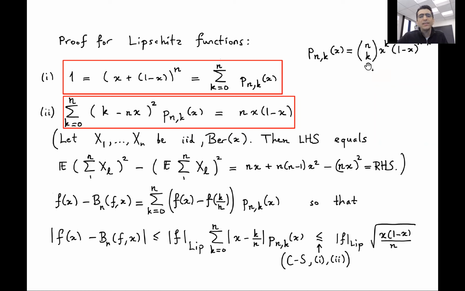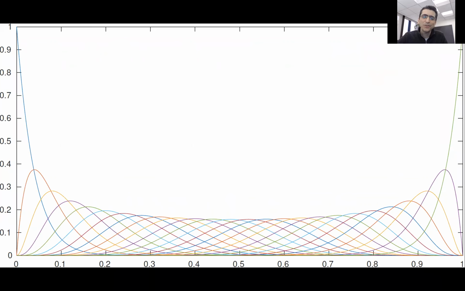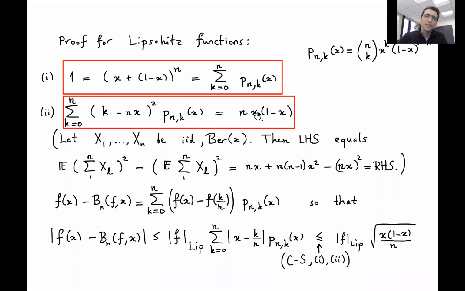So the first property is that we have a partition of unity, and it follows trivially. If you just expand 1, which is x plus 1 minus x to the n, in terms of the binomial formula, you're going to see the partition of unity. So this is very important.